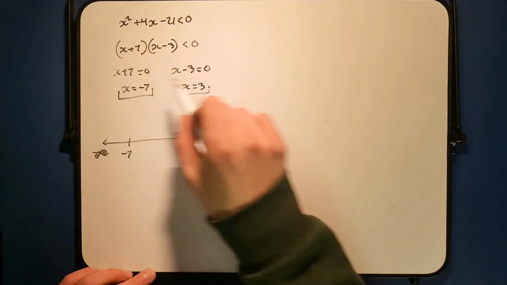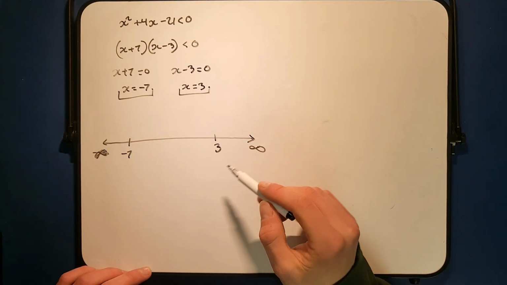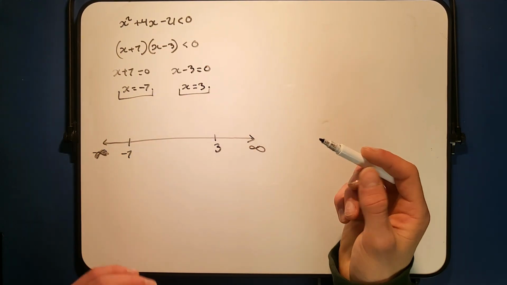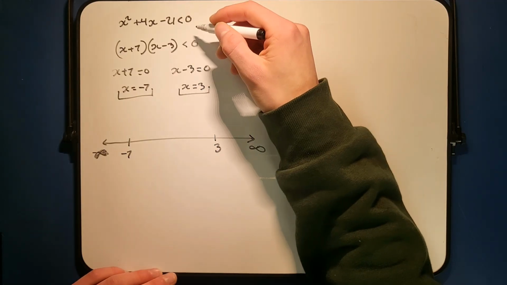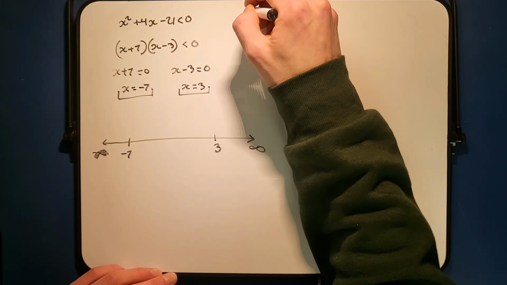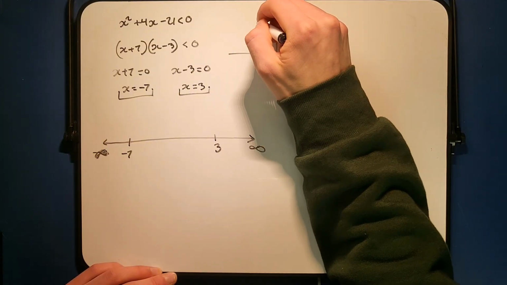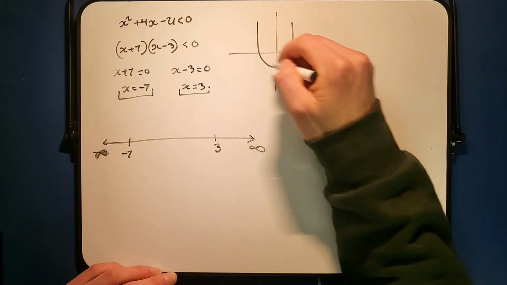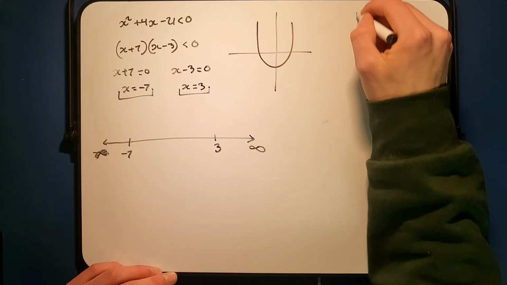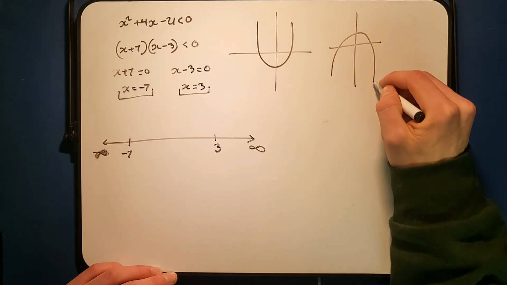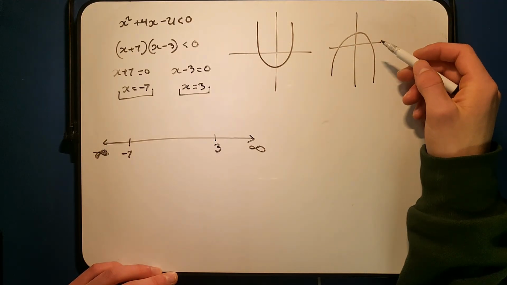Now, how can we show this quadratic on a number line? Well, we know that the shape of a quadratic on a graph will typically look like a curve like this, or will look like a concave down curve.